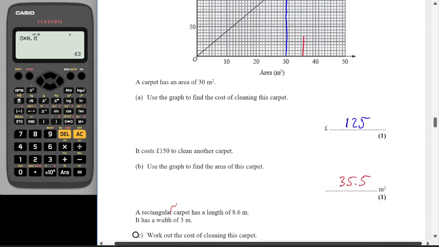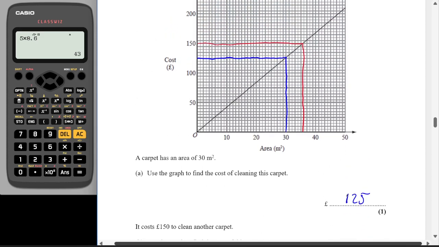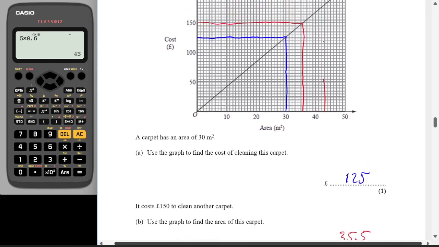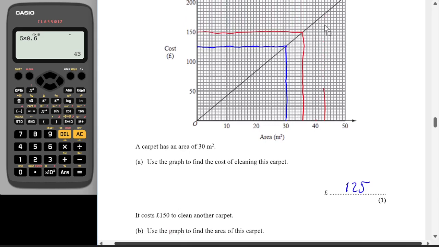So we want to work out the cost for an area of 43. So that's going to be 40, 1, 2, 3. So I'm looking here up until I hit my graph. Right, my pen's not working.